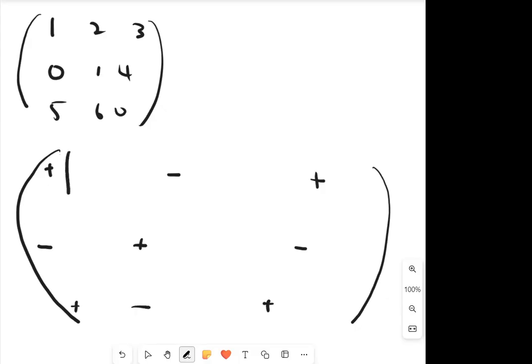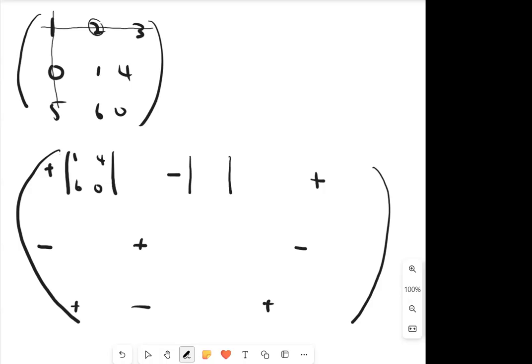Now, what goes here is the minor, right? You see this first term here, the first element, 1? It's like you draw a line through there and through here, and you see these elements that are left: 1, 4, 6, not, you put them there, right? You do the same with the second one.